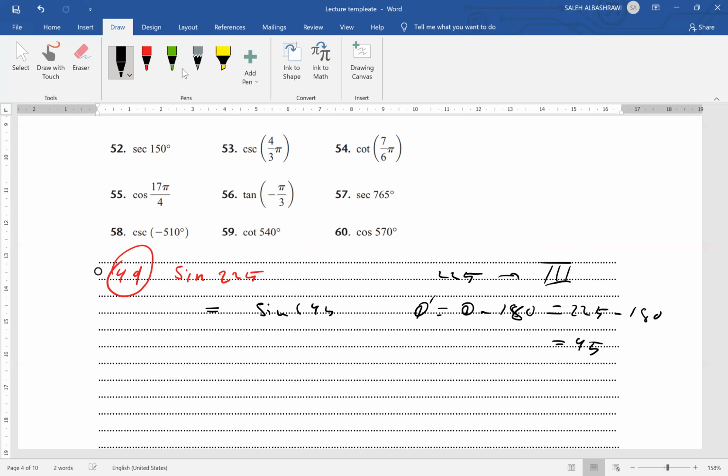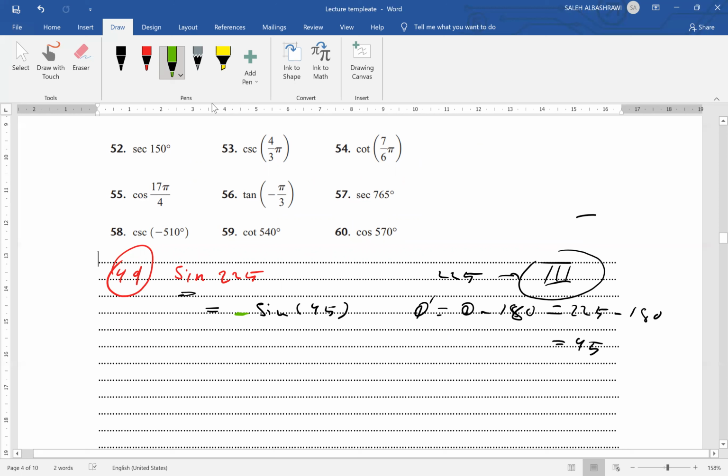of 45. But sine in the third quadrant is negative. So we need to write this sign, it is minus. So sine 225 equals minus sine 45. So the idea is to find the reference angle for 225.